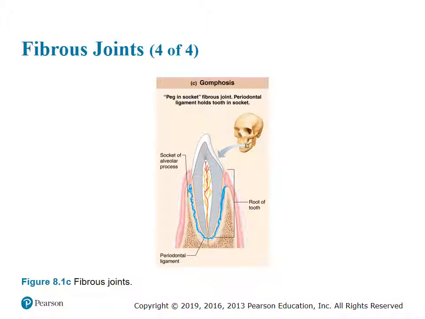Okay, all that in blue, and I'll erase it. But you can see that there, right? That's fibrous connective tissue holding the tooth physically to the mandible or maxilla, depending if you're looking at the top jaw or bottom jaw, but it's holding it in place. Okay.